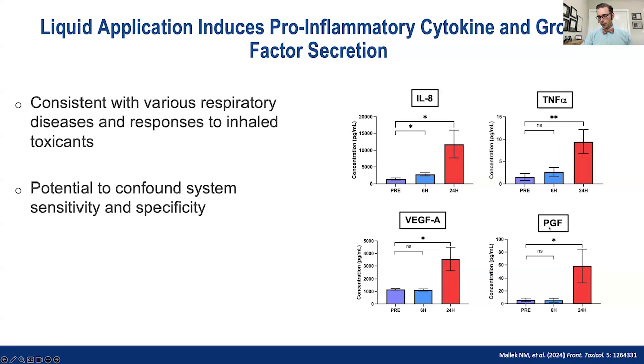So at the end of the day, what we take away from this is that by putting liquid on these cultures, we're basically causing an atypical state that's reflective of a number of respiratory disease states and indicative of a pre-epithelial to mesenchymal transition phenotype, or pre-EMT, which is one of the early steps in carcinogenesis.